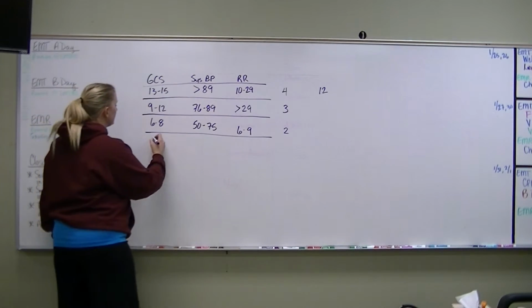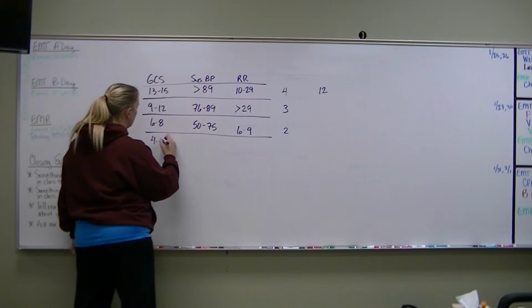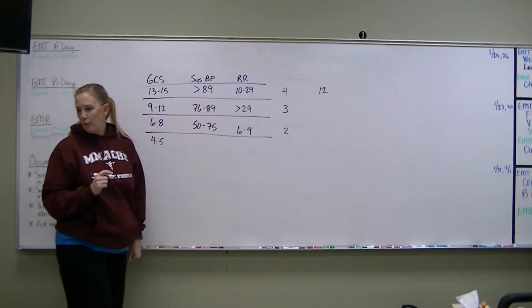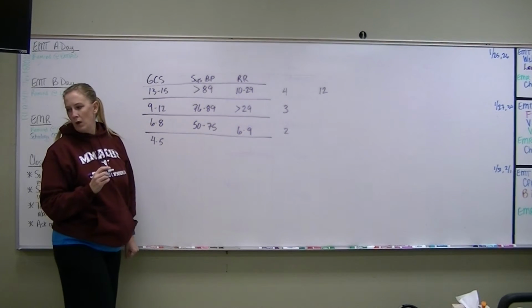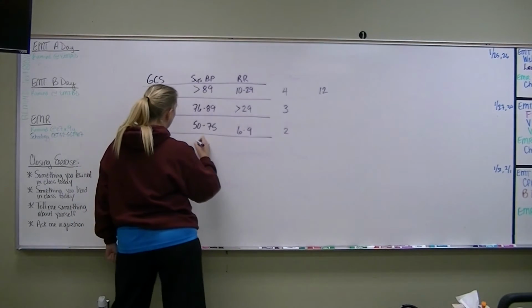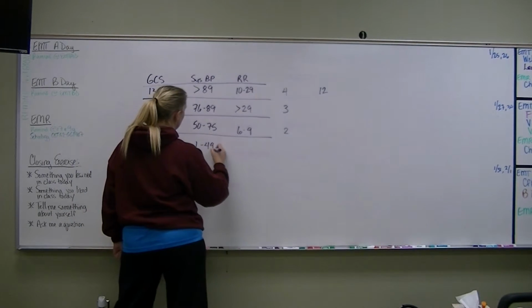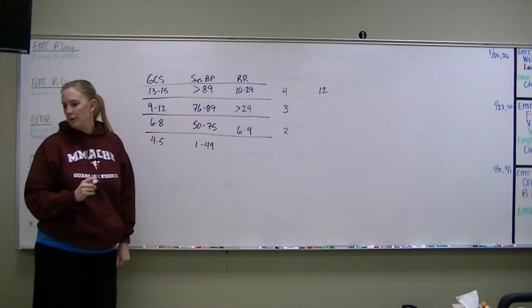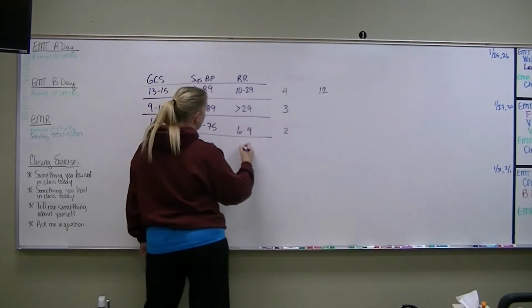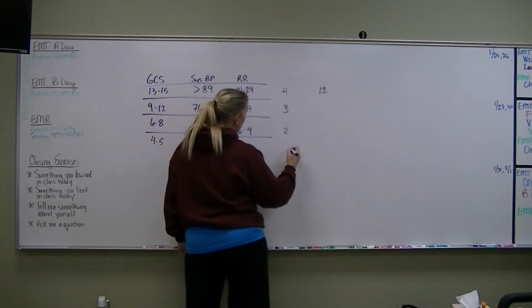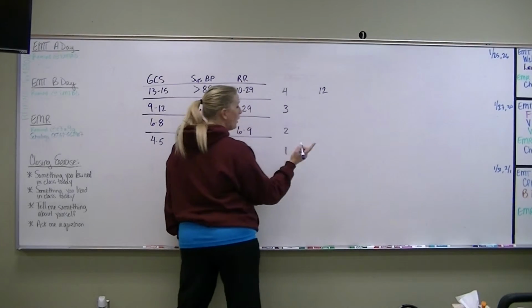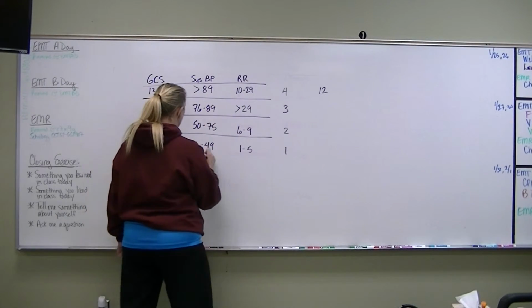If their GCS is 4 to 5, if their blood pressure is 1 to 49, and if their respiratory rate is 1 to 5 breaths per minute, they can get 1 point in each of those categories.